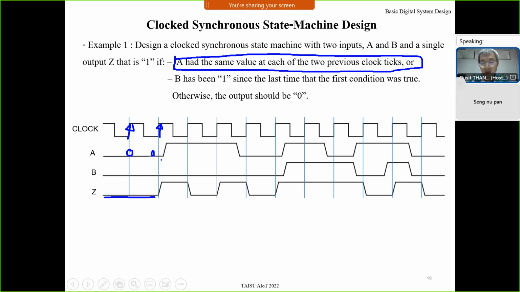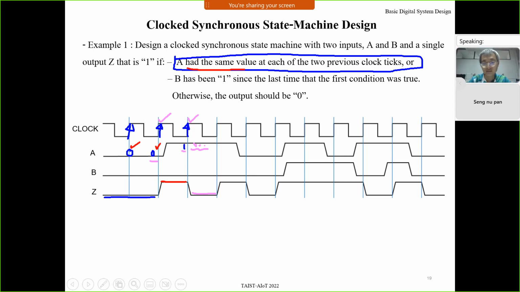That means after this point in time, with the two previous clock ticks here and here, this condition becomes true, right? So the output becomes 1 until the next clock tick. When the clock ticks now, it is 1, right? After this clock tick, the previous two clock ticks here and here, A is 0 and A is 1, are not the same. This condition is not true, so output goes back to 0.